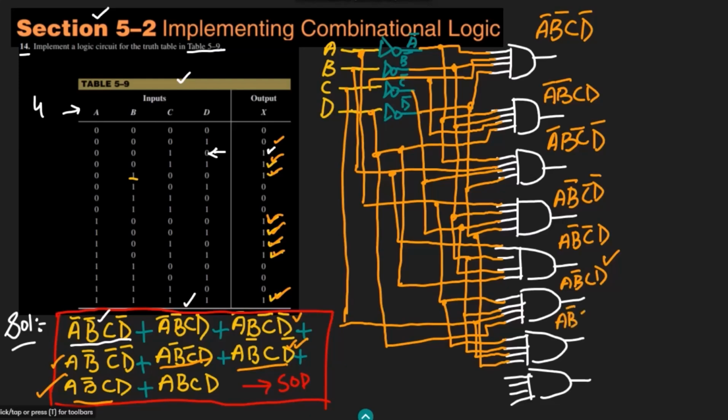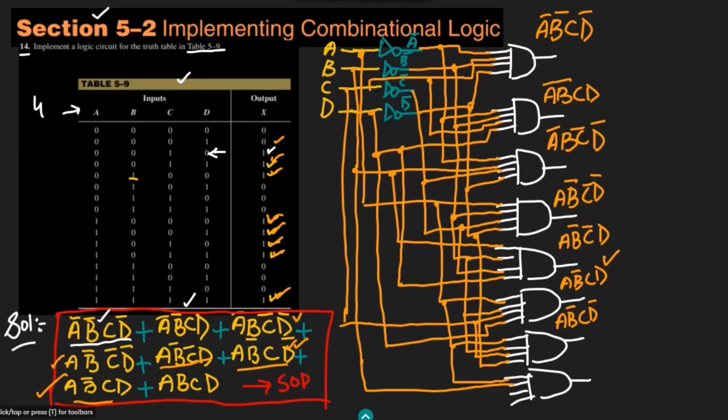So here I will have A B complement C D complement, and the last one is A B C D. For A B C D, what I have to do, A will be from here, let me use A from here. B from where? Let me use this B from here, and C from here and D from here.